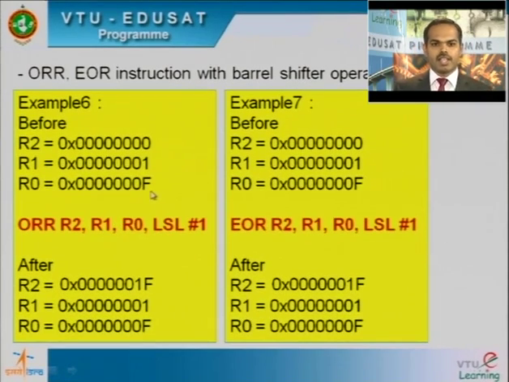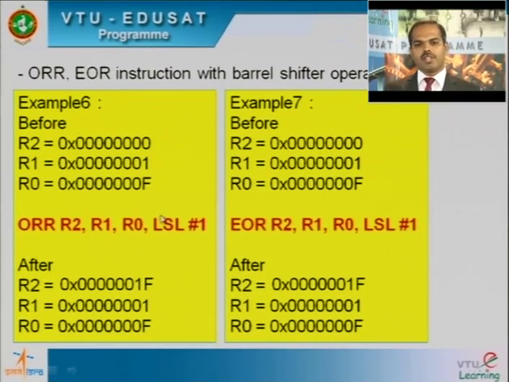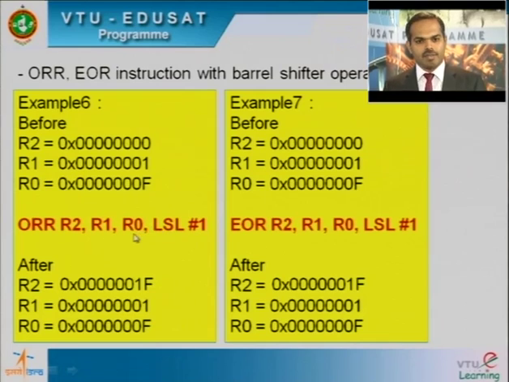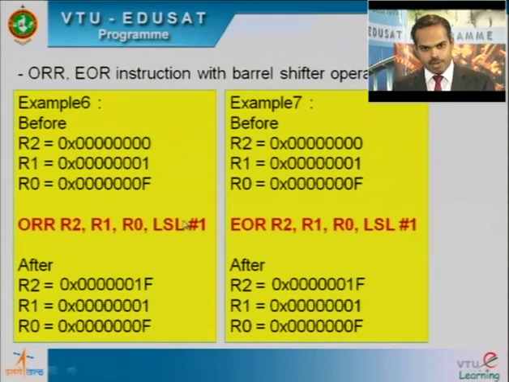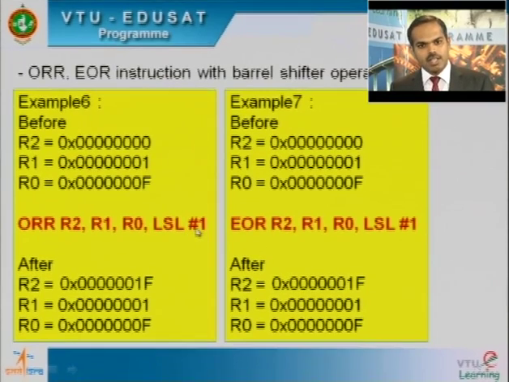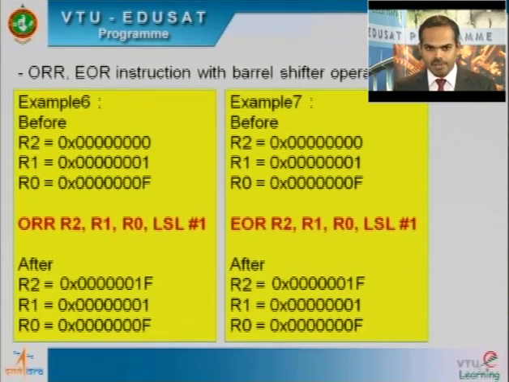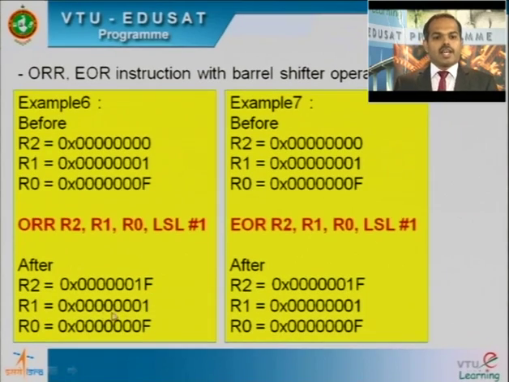Again, in this case it is F. If we logically shift left by one position, the result of R0, LSL #1 is 1E. When we OR the content 1E with 1, the result will be 1F. Hope you are clear on this point. And again, R1 and R0 retain the original values.